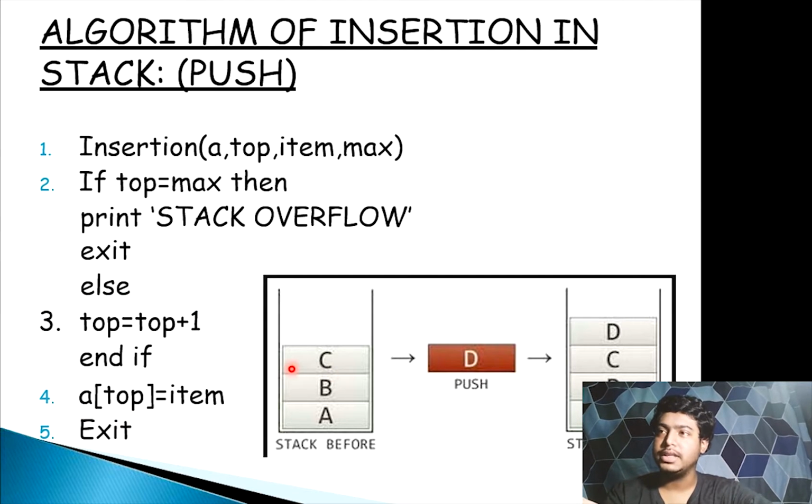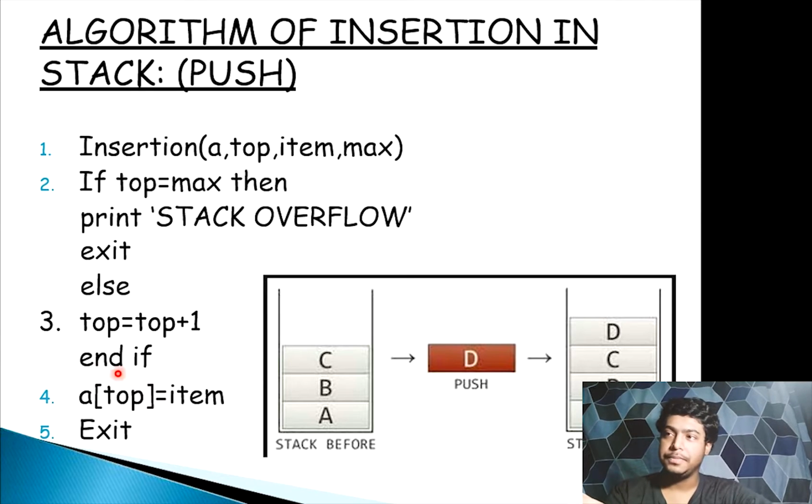Now in the third case what we do is we increment the top by 1. That means suppose our pointer was at c and now we increment this pointer to a new fresh memory location such that we can add a new element d to this position. So now top is in this position where no element is there.